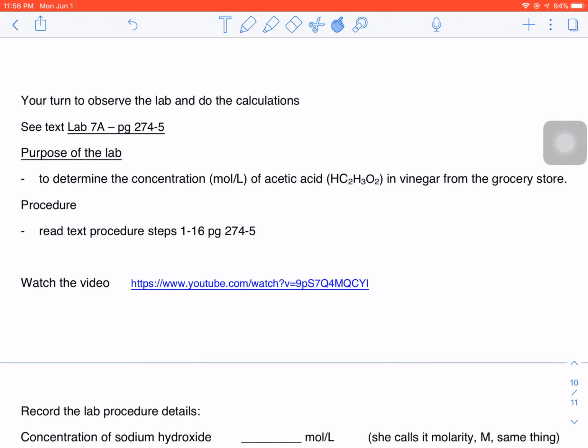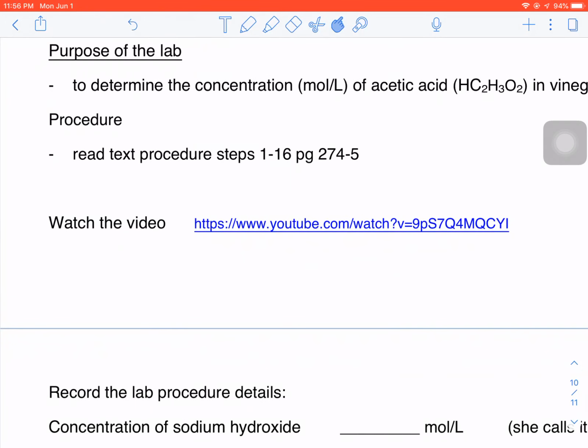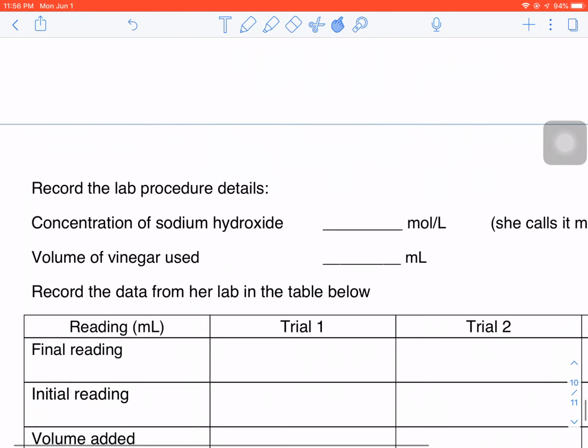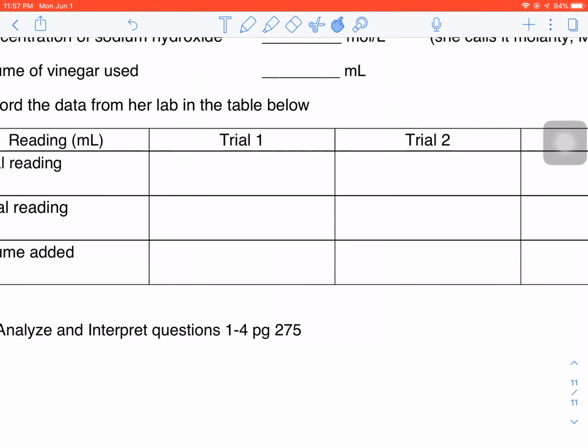Tomorrow during class I'm going to walk you through the steps from 1 to 16, and then I'm going to get you to watch this video, where she's going to do the lab and collect all the data for you. You'll record her results in this section down here, and then you're going to do the 4 analysis steps, and that will be kind of a virtual lab for us.